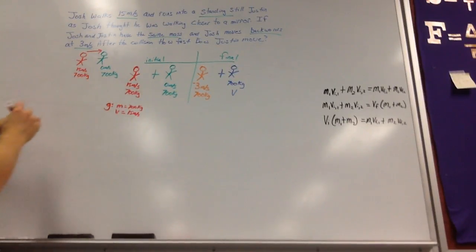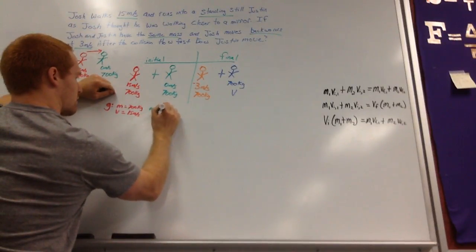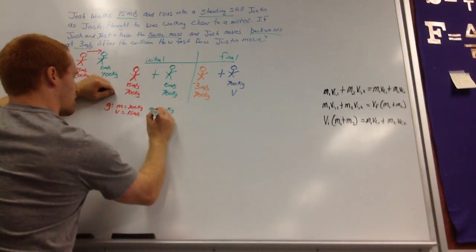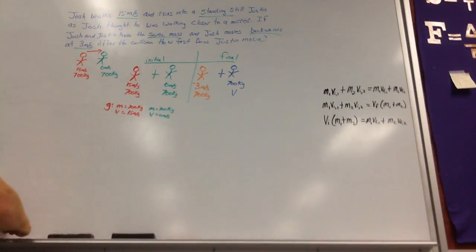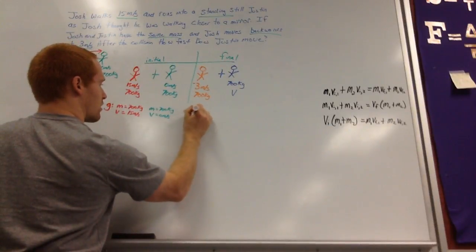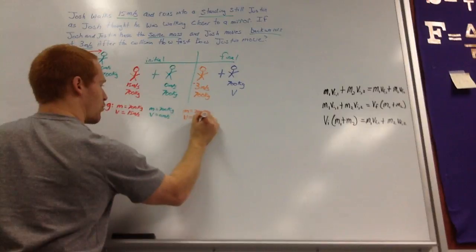Now I'm going to move on to our next picture. 700 kilograms is our mass. It looks like all of them are 700 kilograms. Velocity is 0 meters per second. I'm going to move on to our orange picture. Mass 700 kilograms. Velocity is negative 3 meters per second.